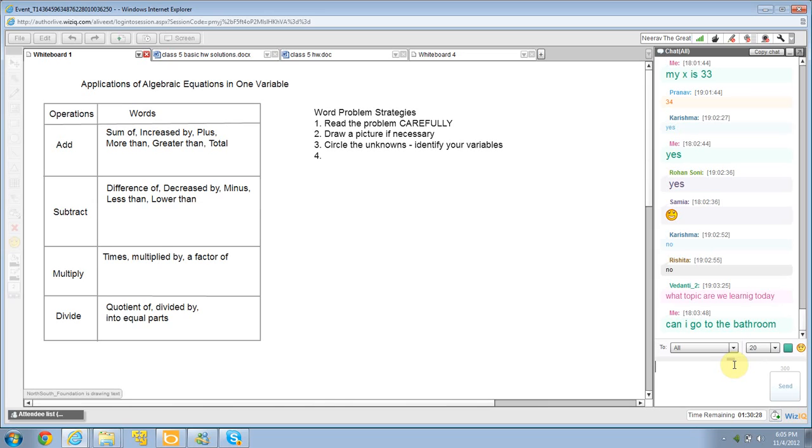So what are you trying to find in this problem? Pick one unknown to be x, or any other letter you want, or even symbols. But make sure it's not like a plus or a minus or something. 5. Write the other unknowns in terms of x.